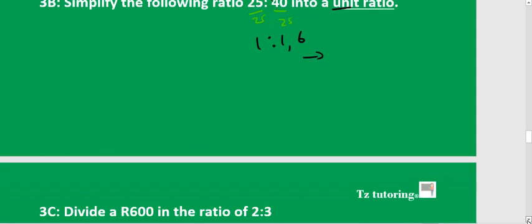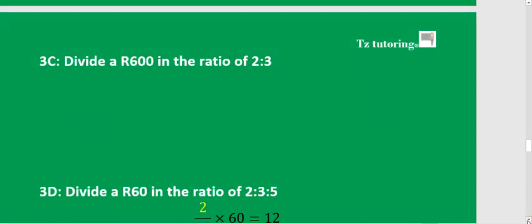Let's move on. How do we then divide the ratios? Very easy. To divide the ratio, you need to check the number of parts, okay? So if we look at 2 is to 3, 2 parts there and 3 parts there. What's the total number of parts? 5 parts. So then we can write it as a fraction because we know that 2 parts plus 3 parts will give us 5 parts.